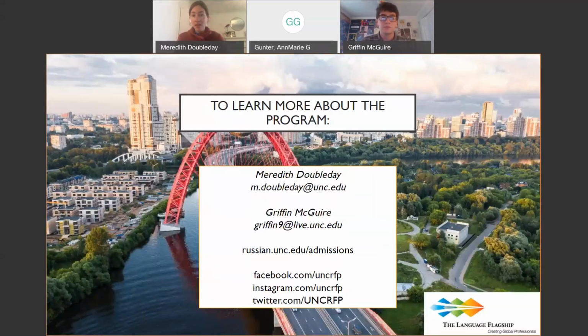So we've talked a lot about what the requirements are for students at UNC, what students would be able to do with this program, how this prepares them to not only graduate with a ridiculously high level of proficiency in the Russian language, to have multiple global experiences, to get funding for internships abroad that are specialized to what they want to do in their future, to get access in-house to professional development funds, to have internship opportunities on campus, research, summer volunteer opportunities. We're there to support these students in everything that they're doing once they're undergraduates.